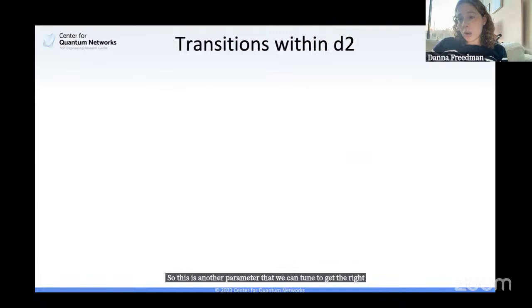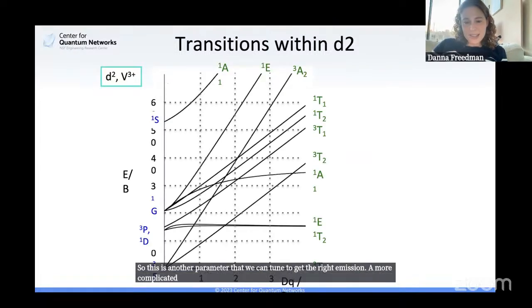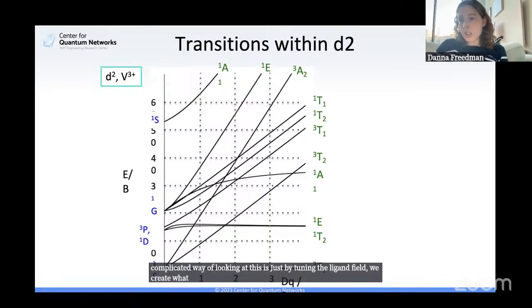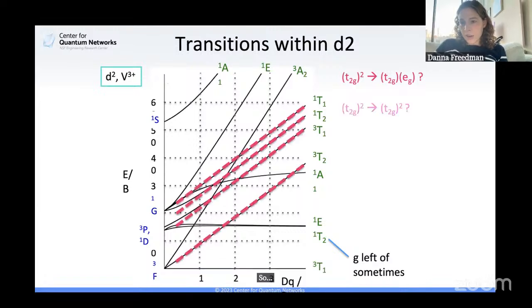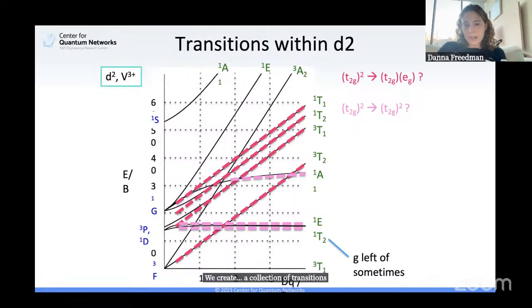A more complicated way of looking at this is that by tuning the ligand field, we create what's actually a much deeper manifold of states. So we create a collection of allowed transitions. We create a collection of transitions that are forbidden from a triplet state to a singlet state.